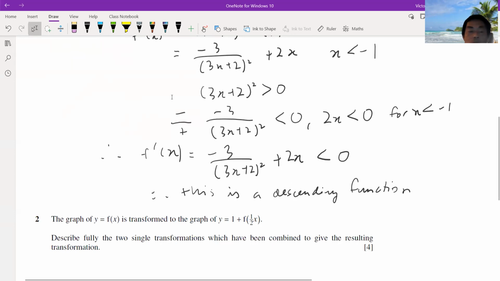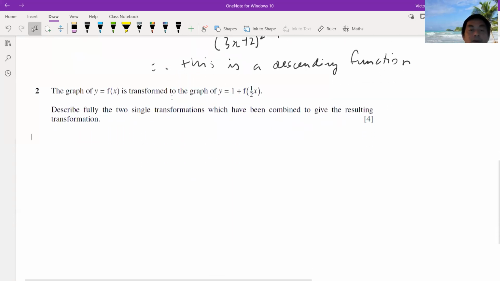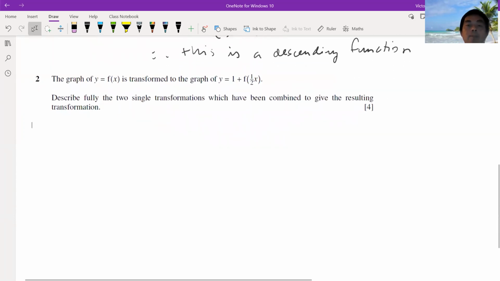The graph of y equals f(x) is transformed to the graph y equals 1 plus f(half x). This is a new topic in functions starting from the year 2020, graph transformation.